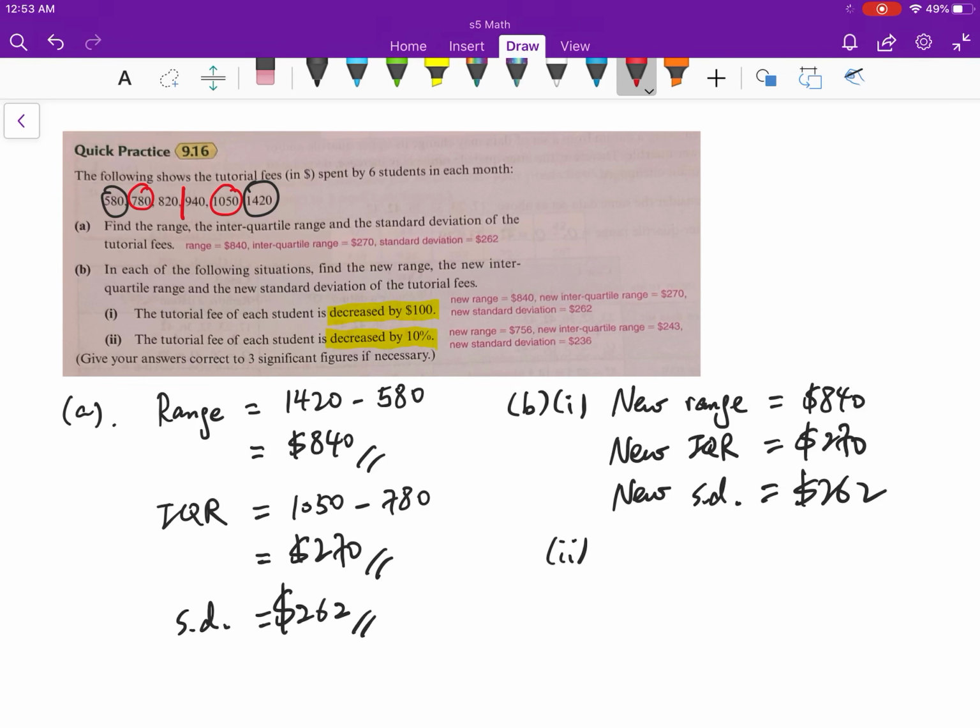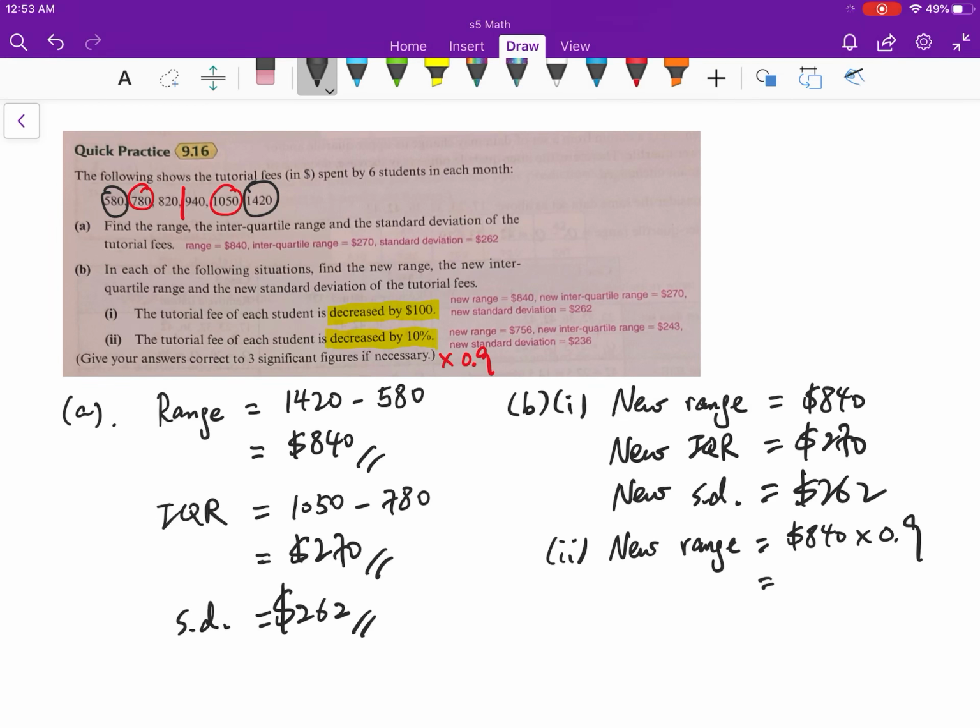Okay, part 2. Now, not decreased by 100, but decreased by 10%. So 10%, okay, you could change it as multiply 1 minus 10%, so you multiply 0.9. Then the range, IQR and SD will also multiply 0.9 to get a new one.